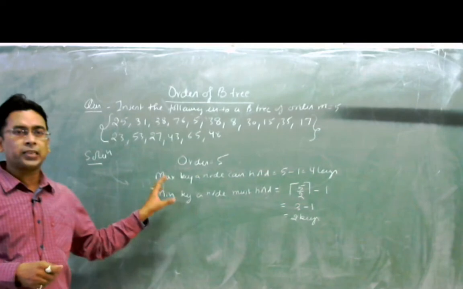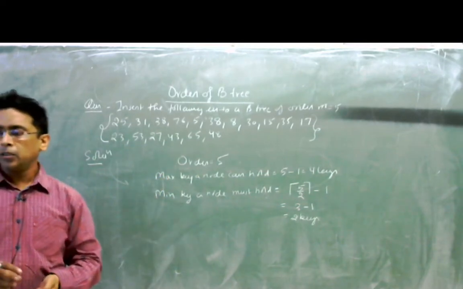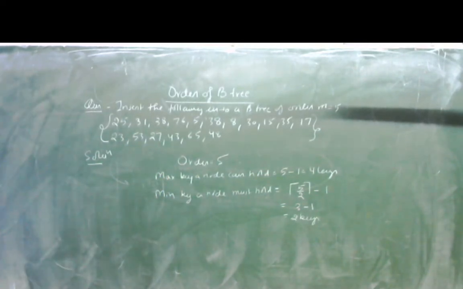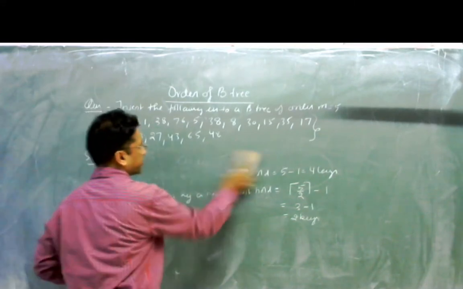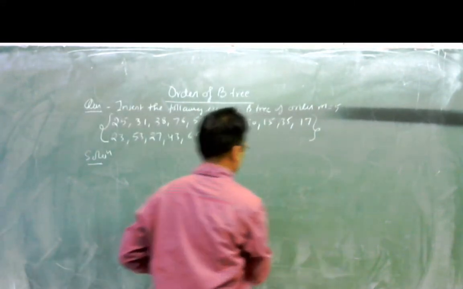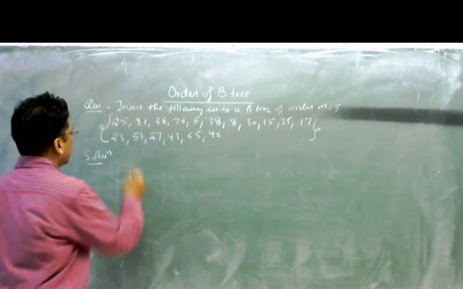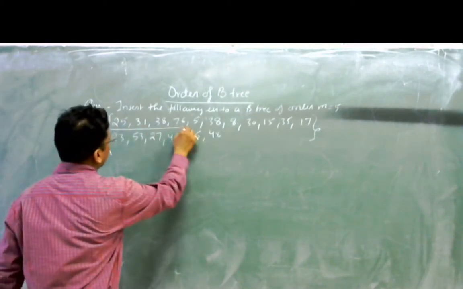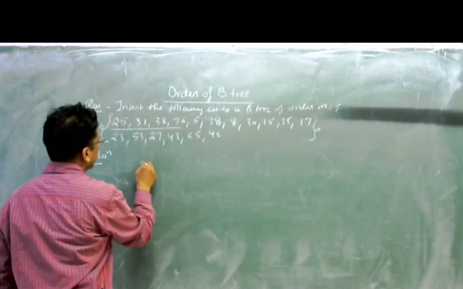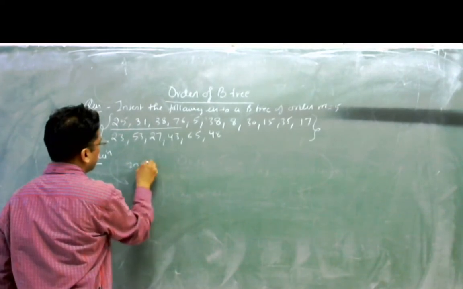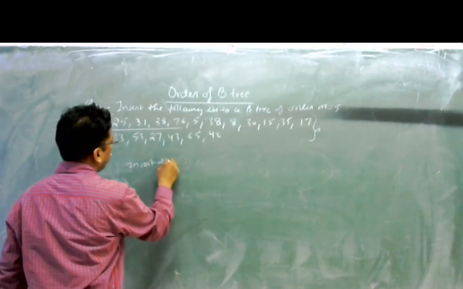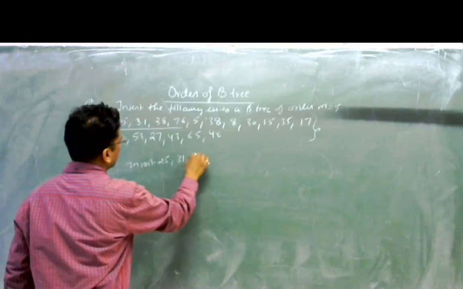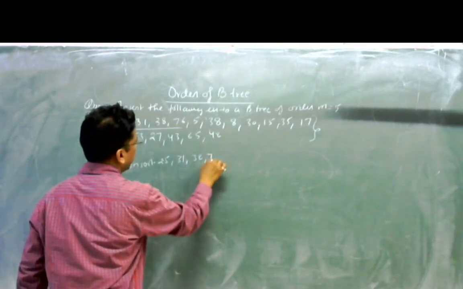So now I shall start drawing. So I am rubbing this. Right? So first the 4 elements would create no problem. We shall insert 25, 31, 38 and 76.